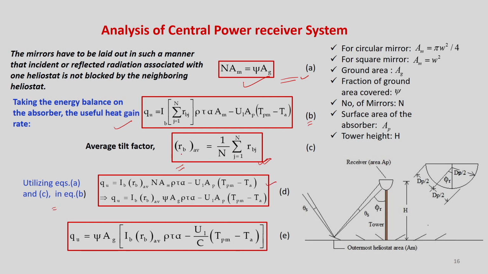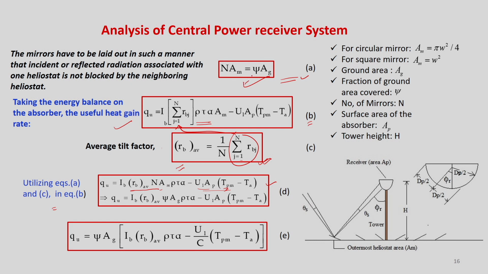Here we are introducing R_b average. This expression is multiplied by n, so if we multiply n on both sides, we get n into R_b average. The part we expressed in equation B we can replace by this n into R_b average. The transmissivity, reflectivity, absorptivity, all the information needs to be accounted for, and these are the loss factors, and T_pm is the mean temperature of the absorber.